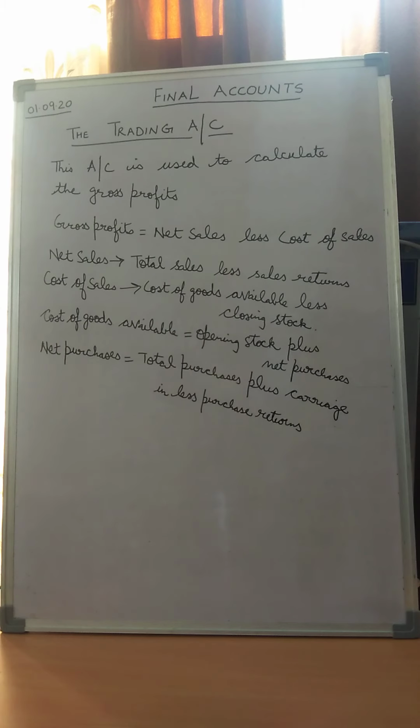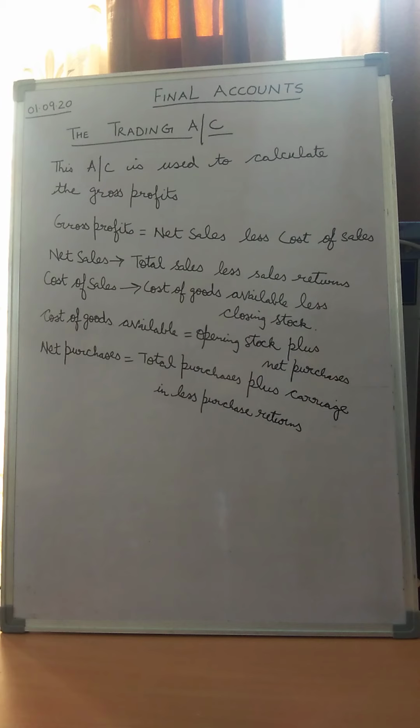Now, talking about the trading account. Trading account, children, is defined as an account which is prepared to ascertain the gross profit or gross loss of a business concern for a given time period.